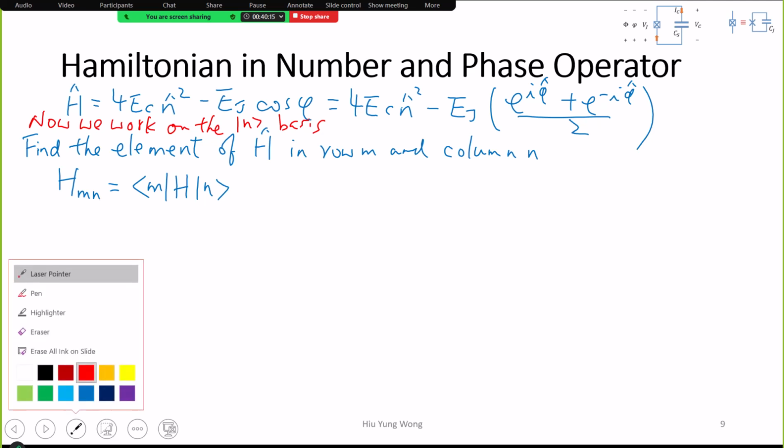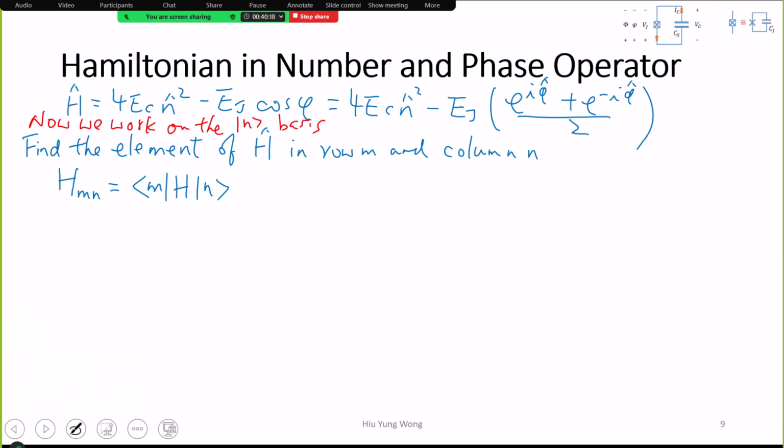Let me write down the matrix. It is like this, right? You really don't know what it is. But this one will go all the way to negative infinity. This might refer to 0. This might refer to 1. And then you also go all the way to positive infinity, right?